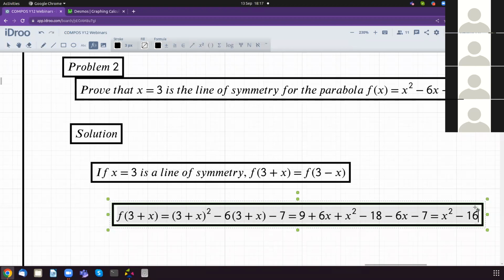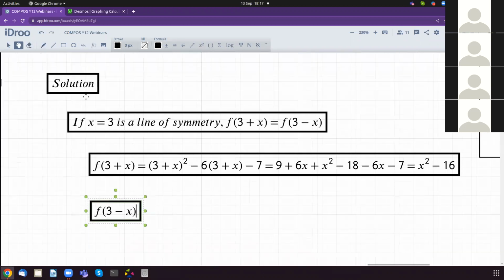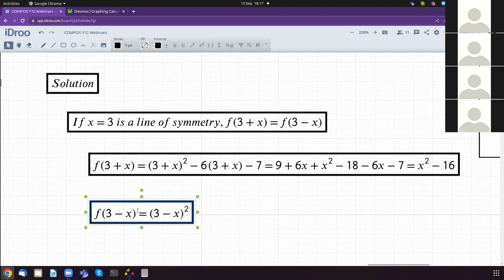x squared minus 16. And now we find f of 3 minus x. And we should, if x equals 3 is in fact a line of symmetry, get an identical expression. So 3 minus x squared minus 6 times 3 minus x minus 7.